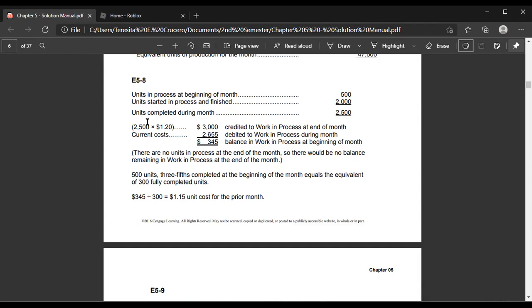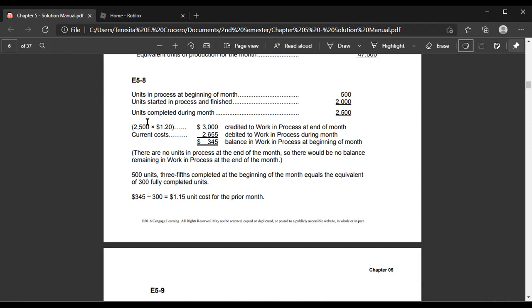Hint, you must first determine what the dollar balance in work in process must have been at the beginning of the month, as well as the equivalent production of the units in beginning inventory. So we have now the units in process at the beginning of the month, 500, and then we have just started 2,000. The units completed during the month is 2,500.